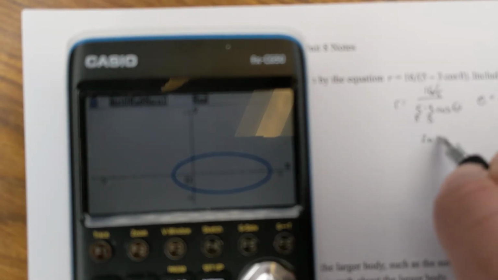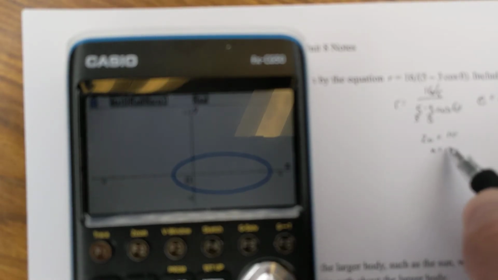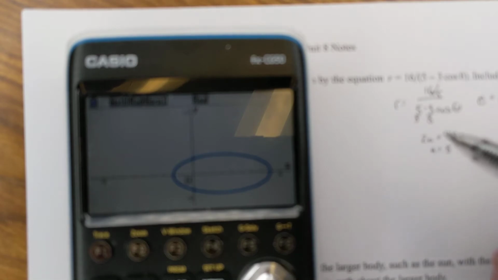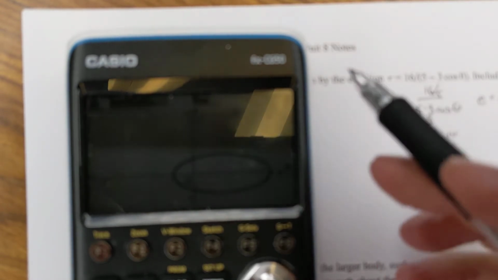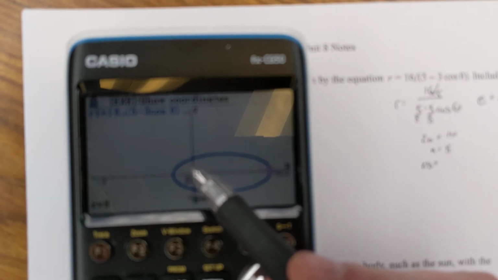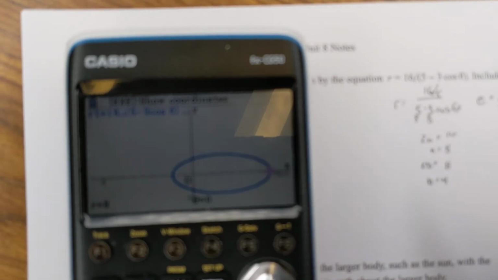So 2a is equal to 10, which means a is 5. And if you look at your short distance, we can figure out what 2b is. 2b is from 4 to negative 4, so that's 8 units. So b is 4.